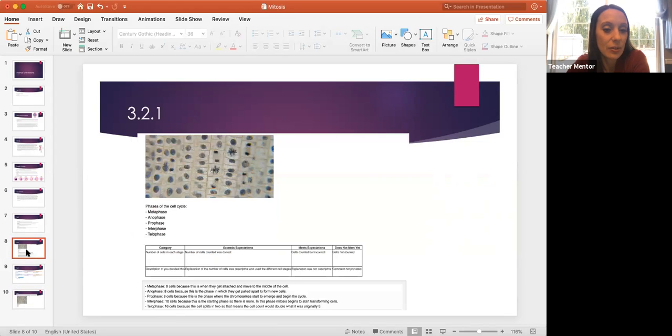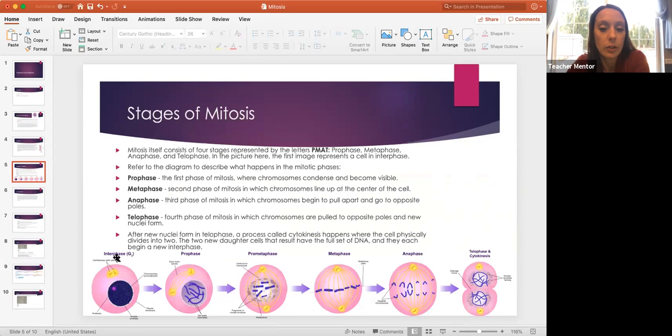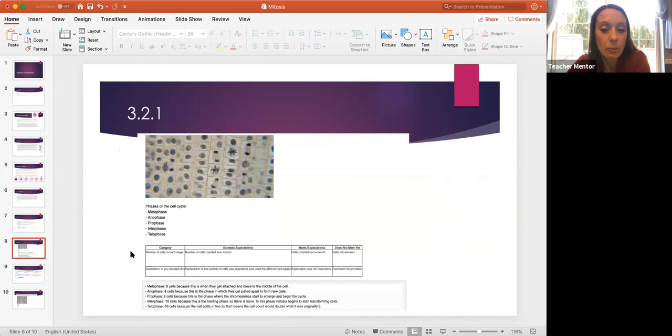Let's take a look at a student response here. Okay. So again, these are a little bit out of order. As we think about the first phase of mitosis, we should be going interphase, prophase, metaphase, anaphase, telophase, okay? Again, nothing in the rubric said that you had to go in that order.